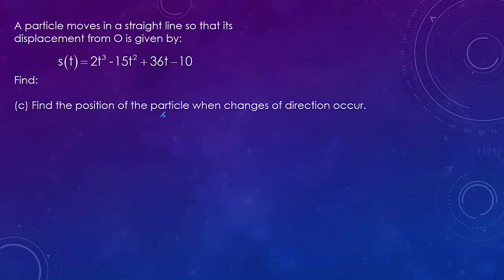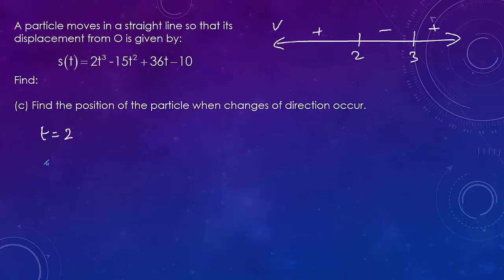Find the position of the particle when the changes of direction occur. Now, we know that the velocity sign graph changed at 2 and 3. We had positive direction, negative direction, positive direction. So these are where the changes happen at t equals 2 and t equals 3.